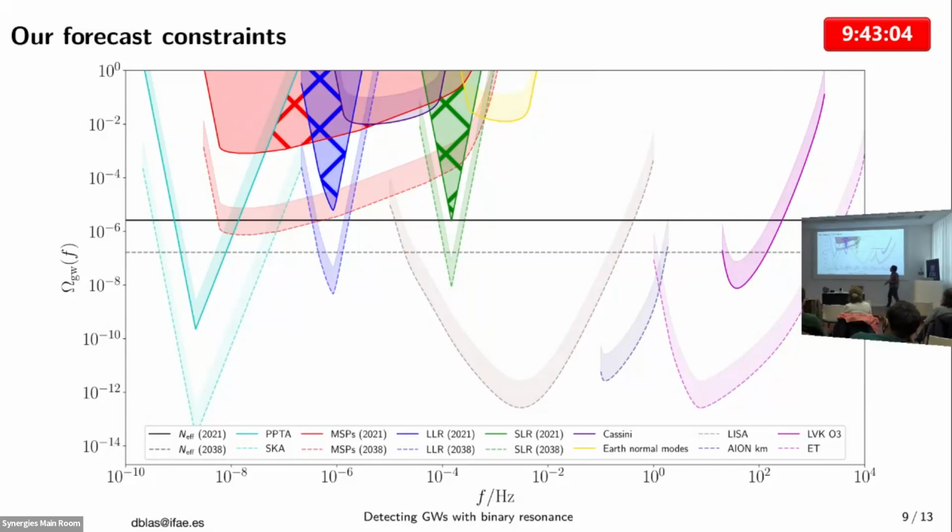So for binary pulsars, we have a broad coverage because we have many binary pulsars. And in principle, by studying them and the different frequencies that can resonate, you can have an envelope on these frequencies, which is quite broad and also quite okay today. So you can achieve 10 to the minus 2 as compared to the other bound by Cassini, okay, with no cost, no mission, nothing.